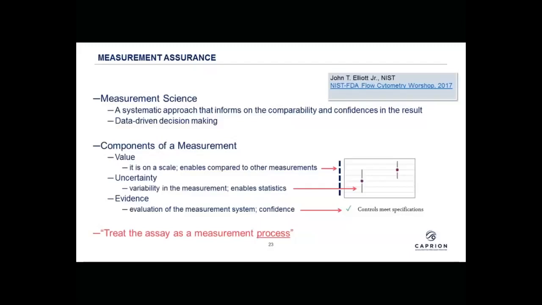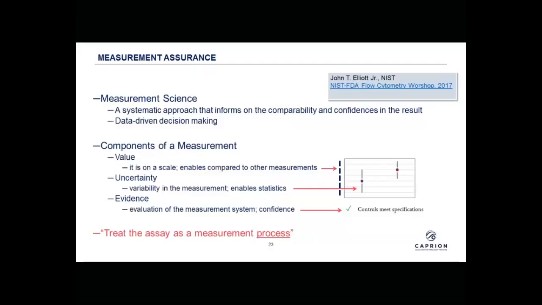So in Dr. Elliott's presentation, he talked about 3 components of a measurement. And I just thought this was interesting and a different way of thinking about our data. So first of all, we have our value. Is it on scale? And if it's on scale, then I'm not sure if you guys can see my pointer or not, but if it's on scale, you can then compare your value to another value.